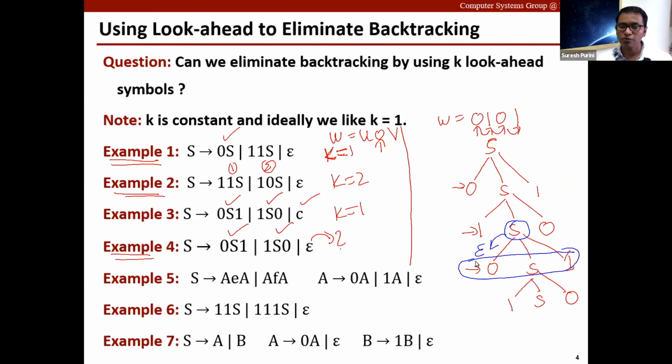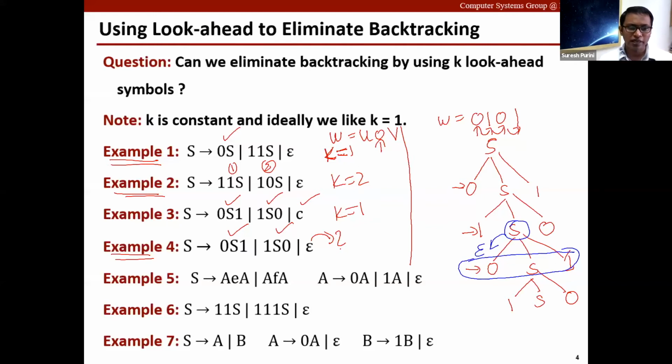If we use the substitution rule S goes to epsilon, then the derivation process will go successfully. But then we are not sure what the guiding factor is. How do we know that we should be using the substitution rule S goes to epsilon? Okay, so this is a problem. We will revisit this grammar again towards the end of today's class.